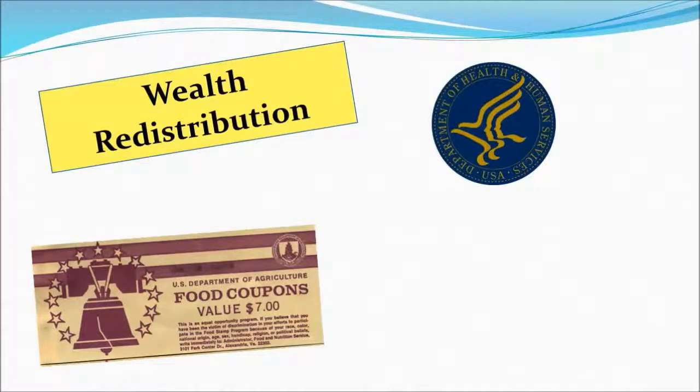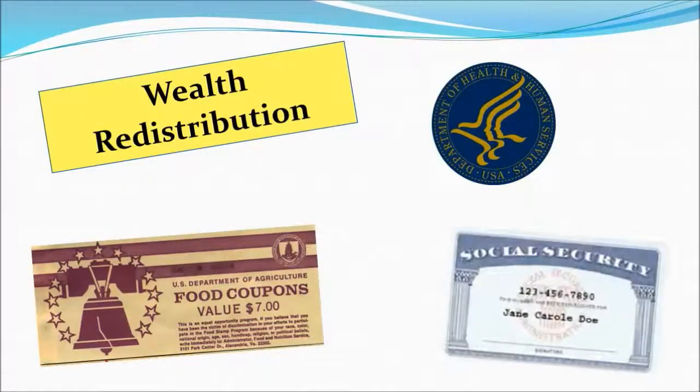In California, we have WIC, or Women, Infants, and Children. Another one, and perhaps the oddest of all, is the transfer of wealth from one point of your life to another, as is the case with Social Security. In all of these instances, the government collects money and redistributes it in some fashion.